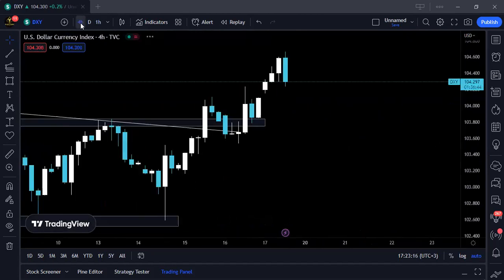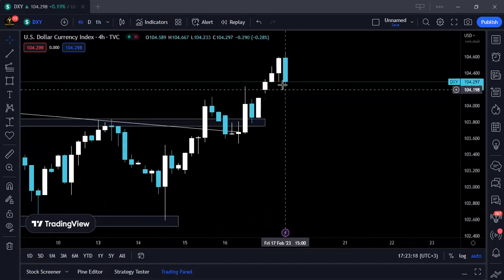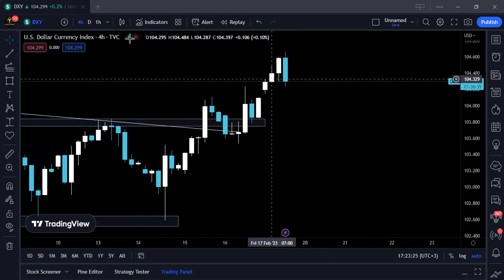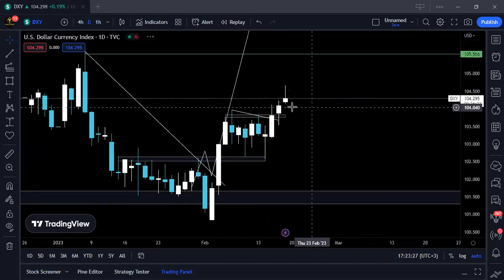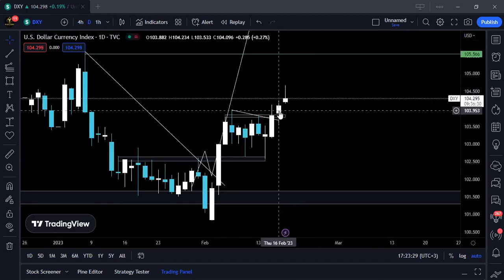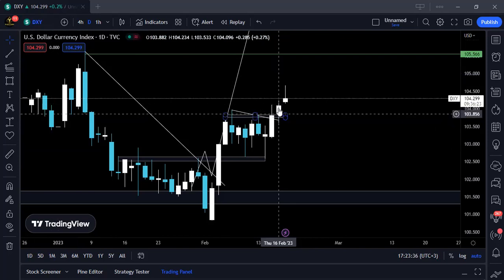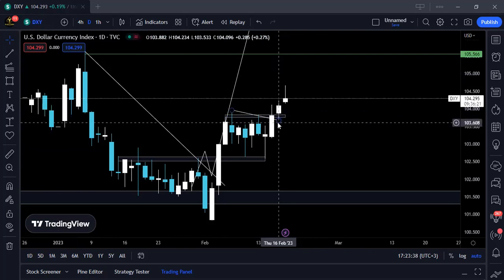So if we go to the 4 hours, this is the graphical representation of the price movement within the last 4 hours. If we go on the daily, same applies. This is the graphical representation of price movement on the DXY, or the US dollar currency index, yesterday or the previous day, right?